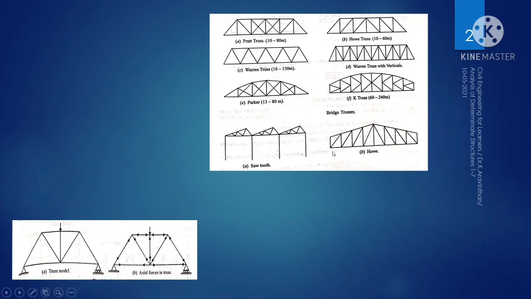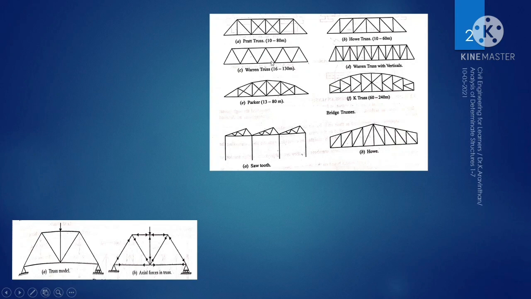These trusses carry the loads, and if you have 10 to 60 meter trusses, you can use Howe truss, and Warren truss can be used for 16 to 130 meter. Here you can see, if you compare with Howe and Pratt truss, the Warren truss can be used up to 130 meter distance. So twice the distance you can use, and Warren truss with verticals.